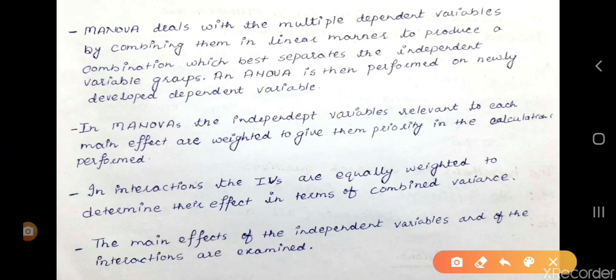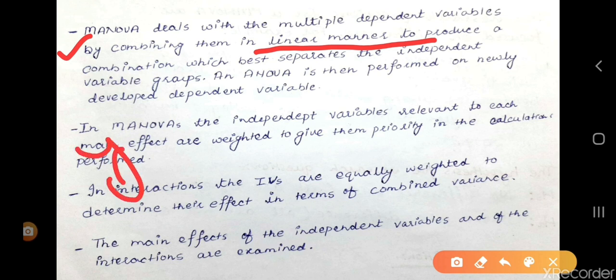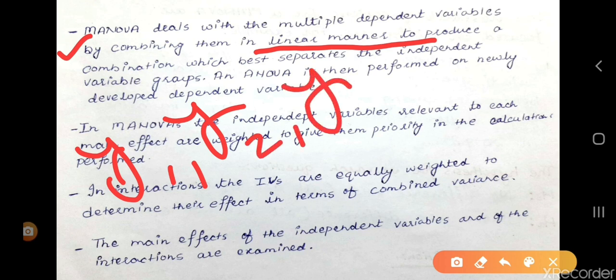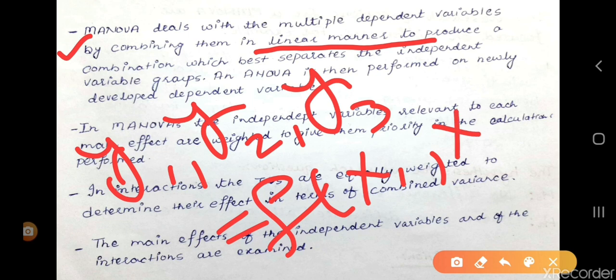MANOVA deals with multiple dependent variables by combining them in a linear manner to produce a combination which best separates the independent variables. Again, we will see y1, y2, y3, and these are dependent on x1, x2, x3.